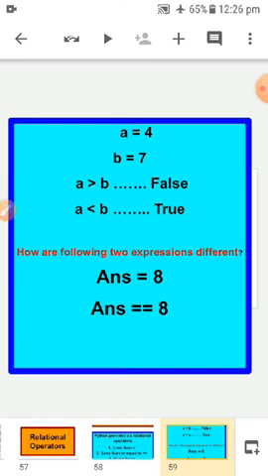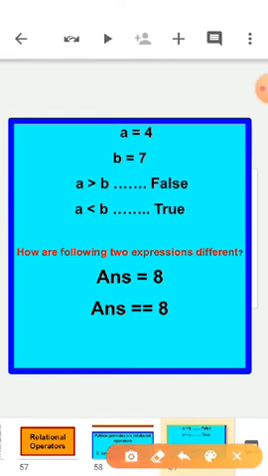How are the following two expressions different? Now again, these two expressions are in front of you, how are they different from each other? See, ans = 8. Here ans is a variable in which 8 is assigned. So we read it like this: ans is assigned the value 8. Now the second statement has two equal signs.